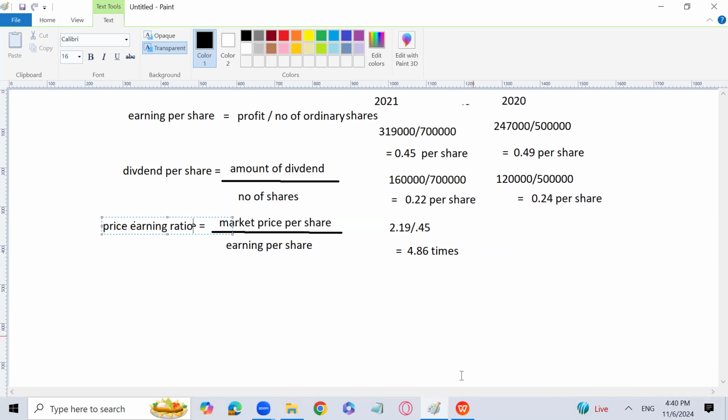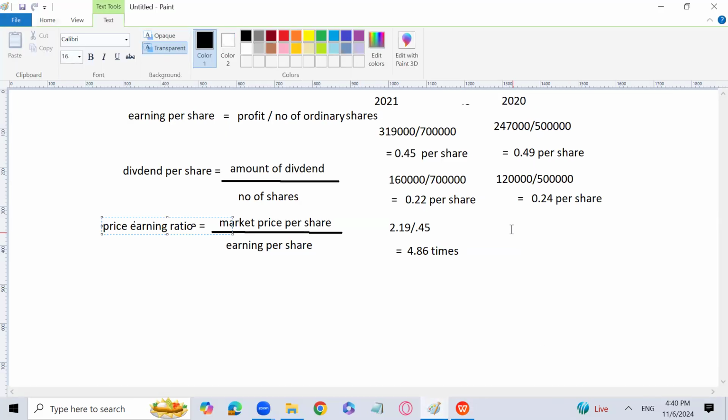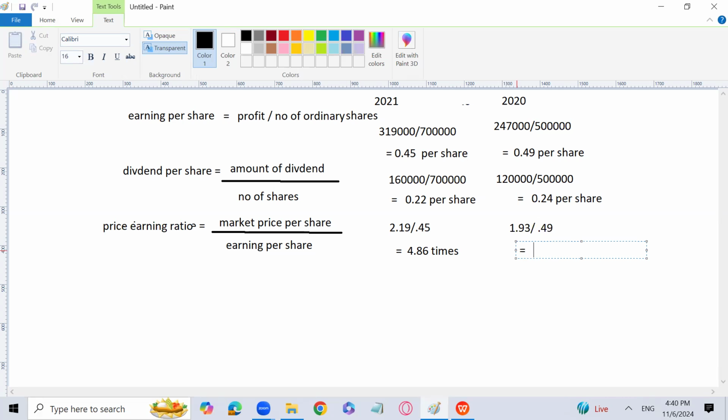Next, for 2020, market price per share is 1.93, divided by earning per share, which we have calculated as 0.49. The answer is 3.93 times. So it shows that in 2021 our price earning ratio has increased. It has gone better, which means investor confidence in the shares will increase.